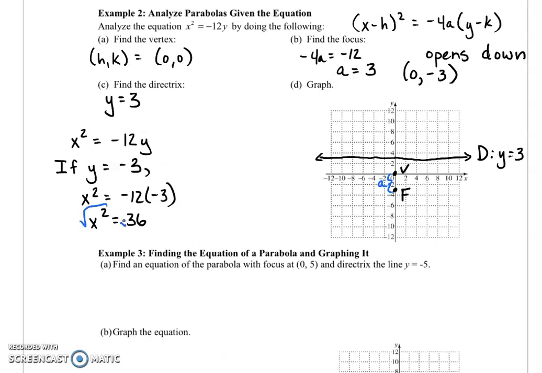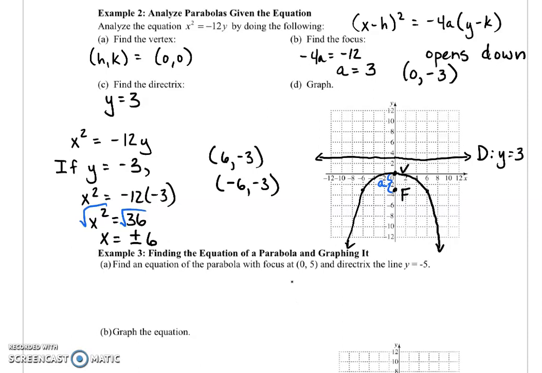If we take the square root of both sides, we end up with x is positive or negative 6. So we have 2 points, (6, negative 3) and (negative 6, negative 3). So let's just plot both of those. And now we make our parabola as best as we can, which obviously mine's terrible.